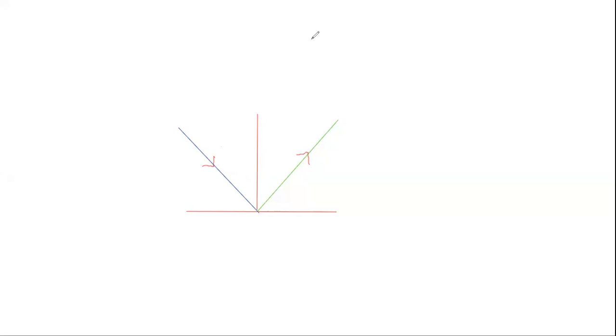Okay, so now this is one angle, this is another angle. Now first of all you have to understand the terms. This ray, blue color one, that is incident ray. This is incident ray, right?